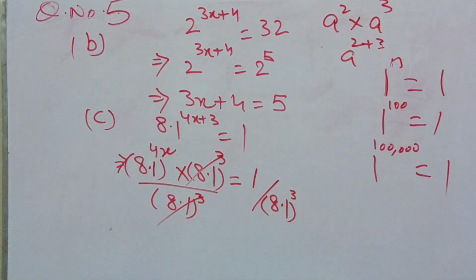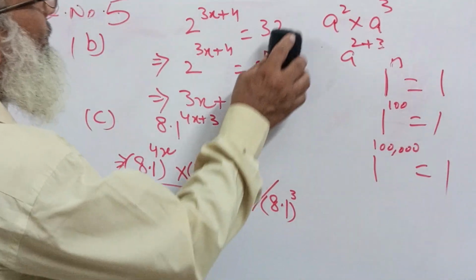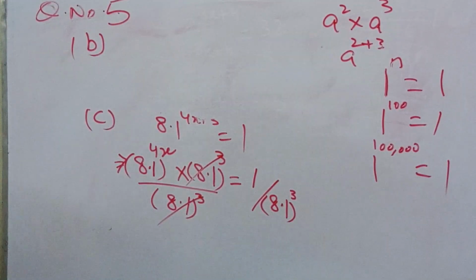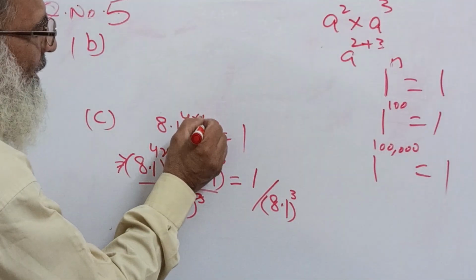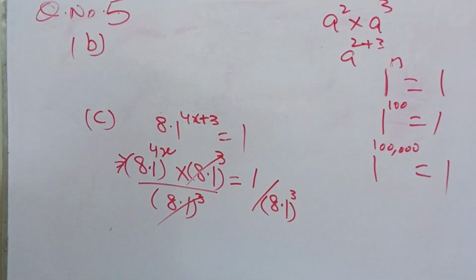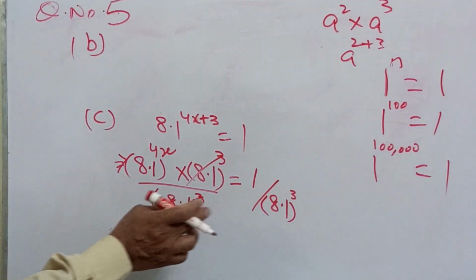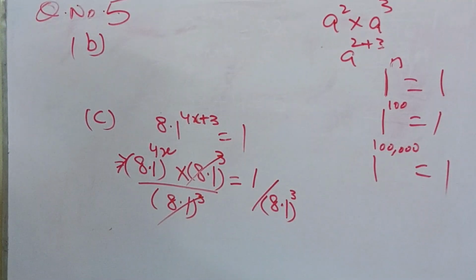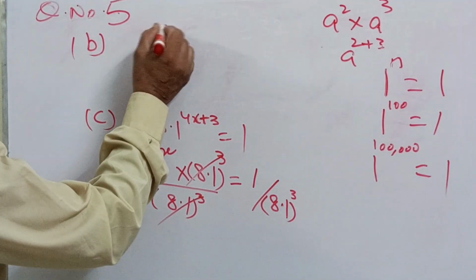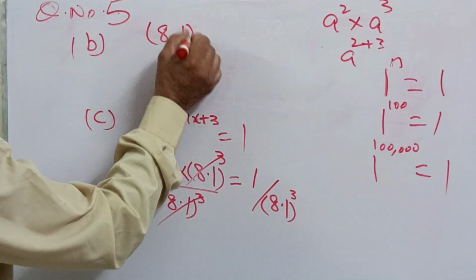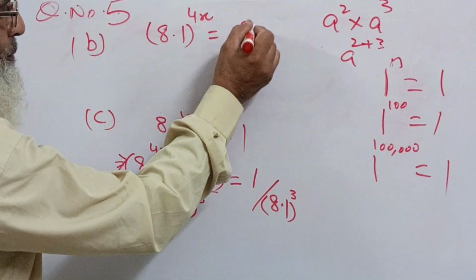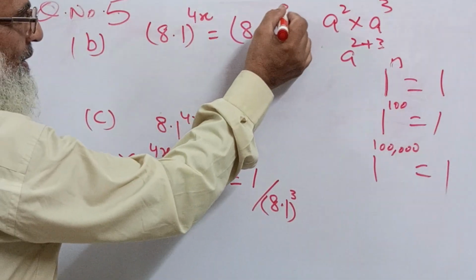Now let me erase some part from here. 4x plus 3. Now you see that when I shift this power to the other side, it will become 8.1 raised to power 4x is equal to 8.1 raised to power minus 3.